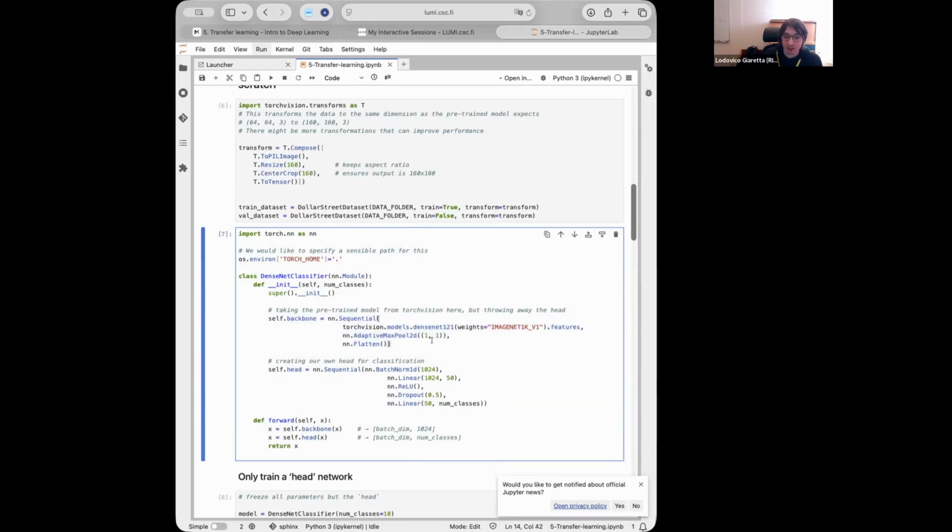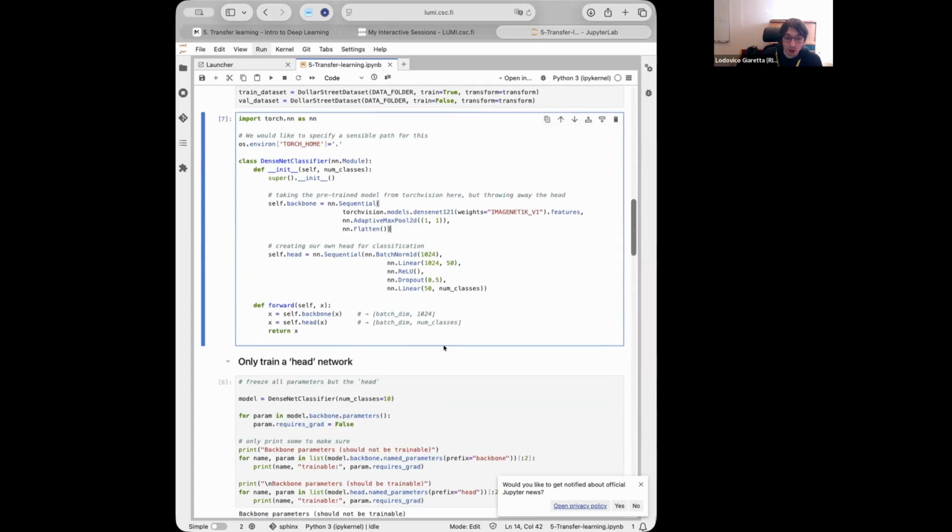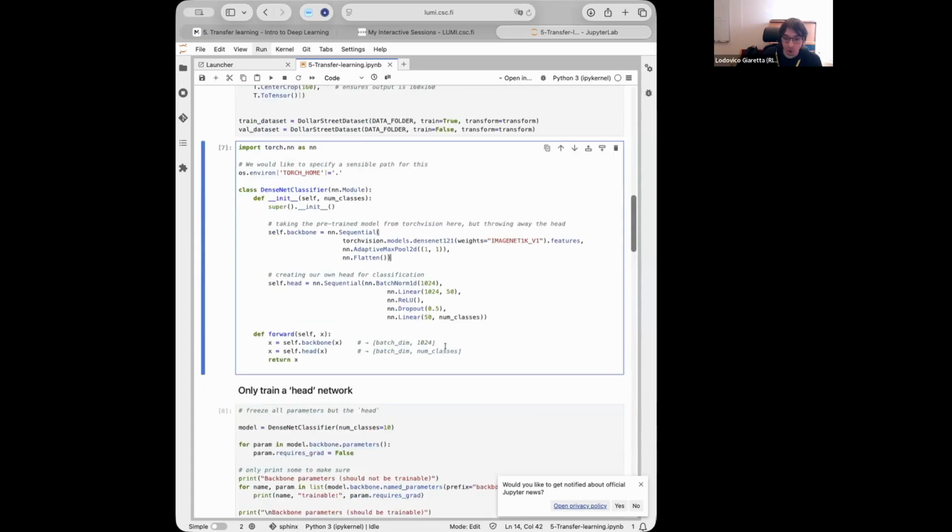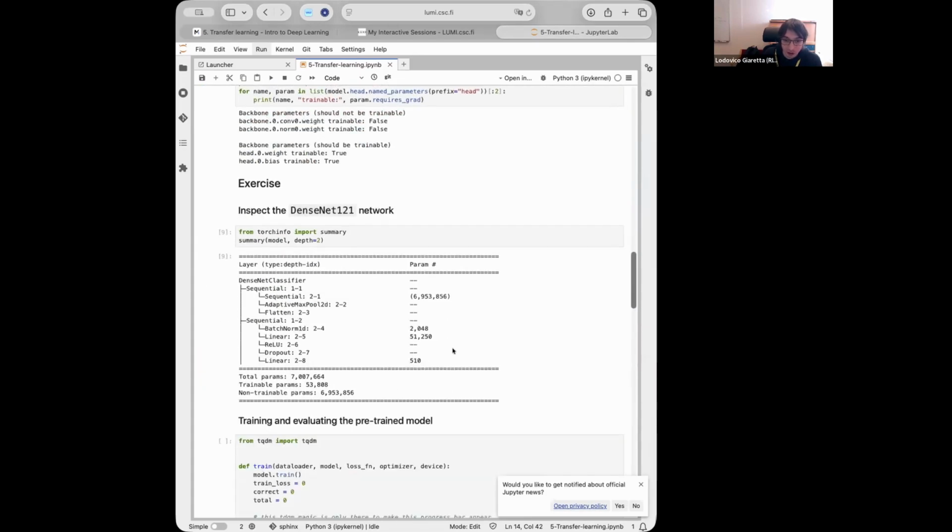So it's actually this DenseNet dot features that is this sequential 2-1. And for those we set requires_grad to false, so those are not trainable. So in the end, the only trainable parameters are the ones in sequential 1-2, in our new head network, and those are 53,000.